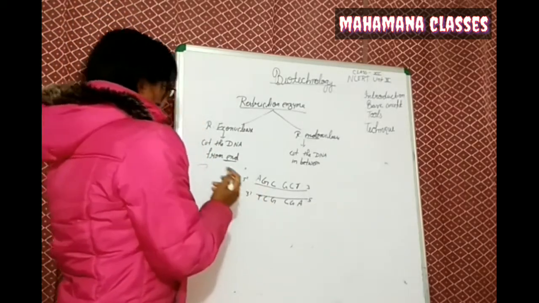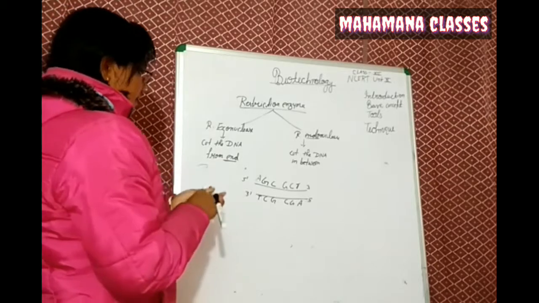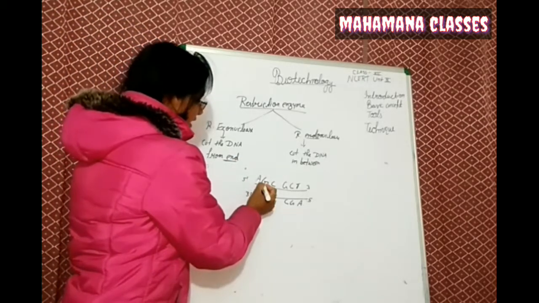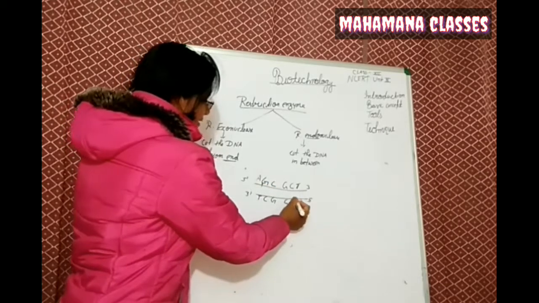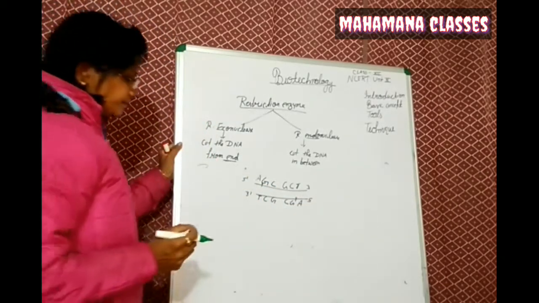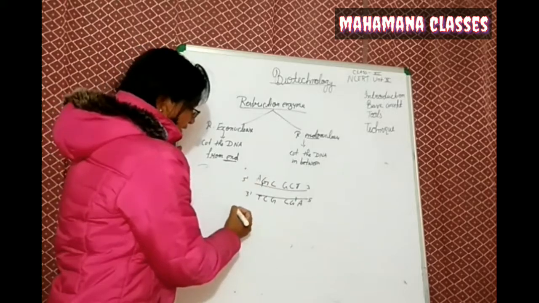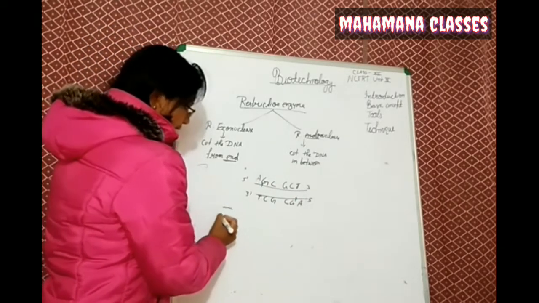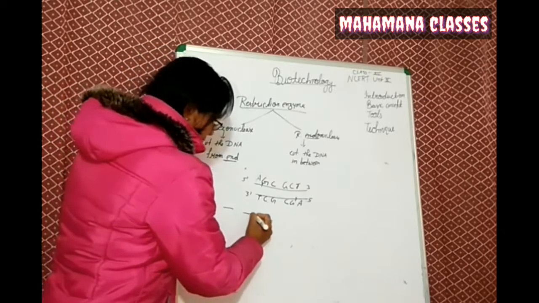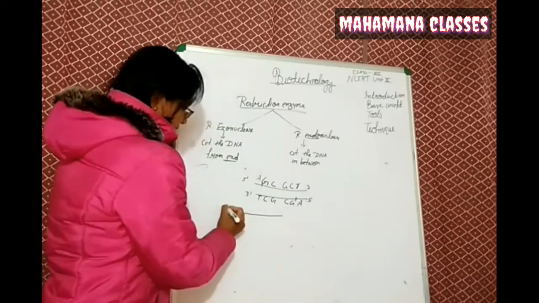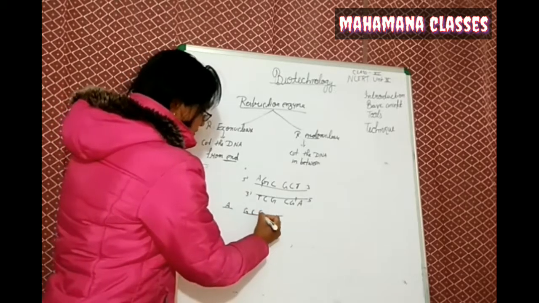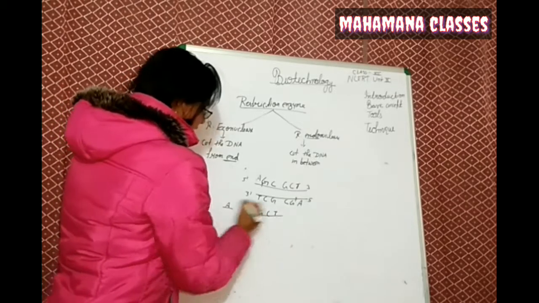Now, if the recognition site where the restriction enzyme works is this, it will cut both strands in this form, leaving A and this region, G, C, T on the other side.